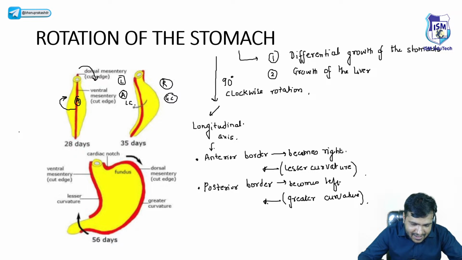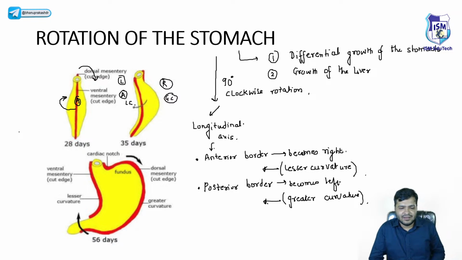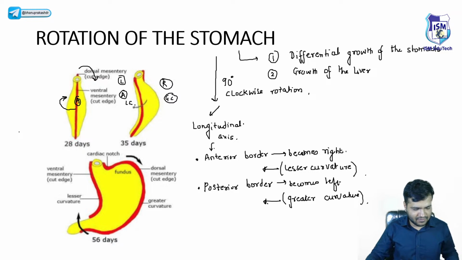Now the right is supplied by the, okay, perfect. So you already have answered it. Yes, the left vagus nerve will supply the lesser curvature, and the right one will supply the greater curvature. Yes, very good, guys.